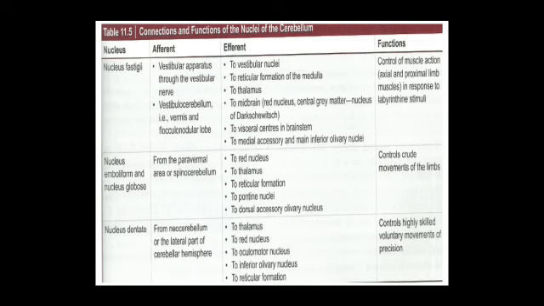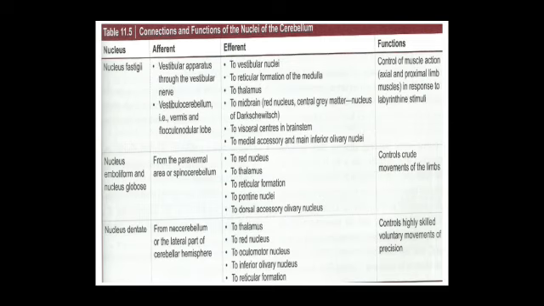Efferents go to the vestibular nuclei, reticular formation of the medulla, thalamus, midbrain, visceral centers of the brainstem, and the medial accessory and main inferior olivary nucleus. Main functions are control of muscle action, that is axial and proximal limb muscles, in response to labyrinthine stimuli.